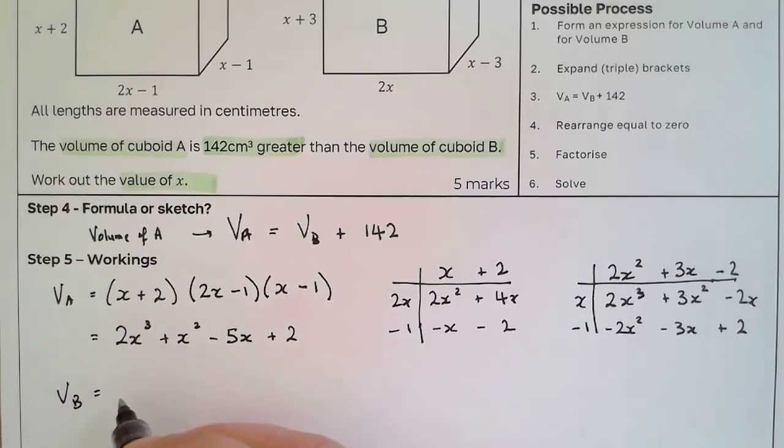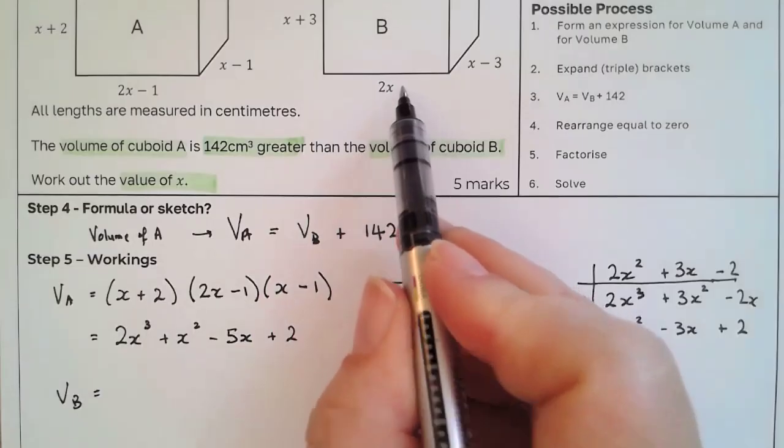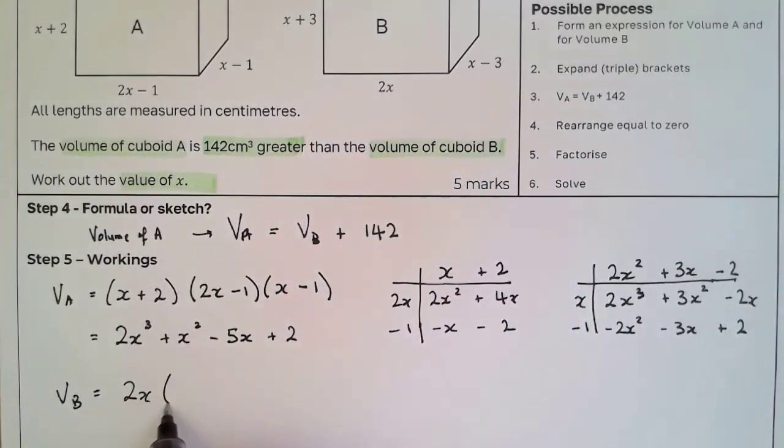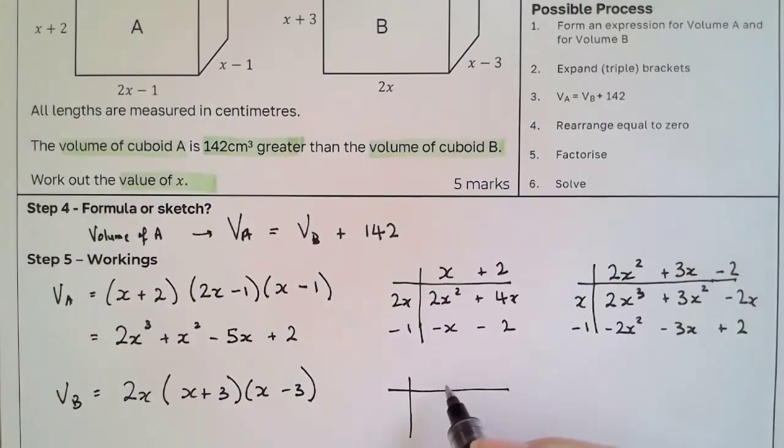Volume of B is slightly different because we haven't got a term with x's and constants in it. If you can see that this is the difference of two squares, it will save you a step. I'm going to put it into the grid because it's not always obvious that you can save yourself a step here. x squared, these two terms cancel out, subtract 9.